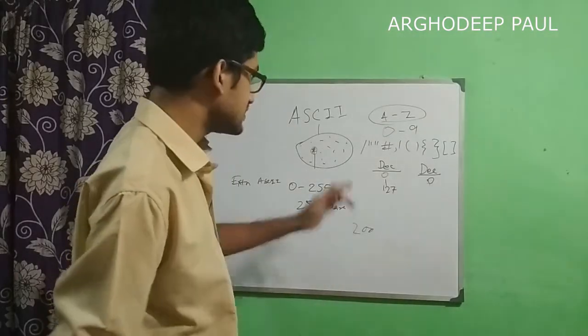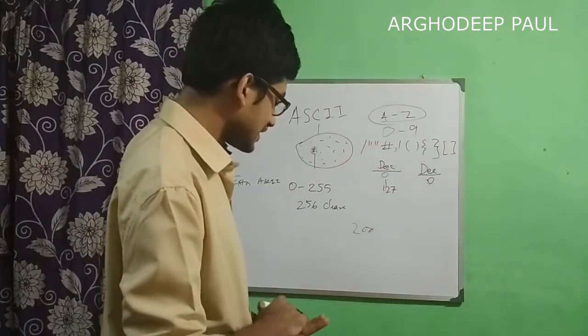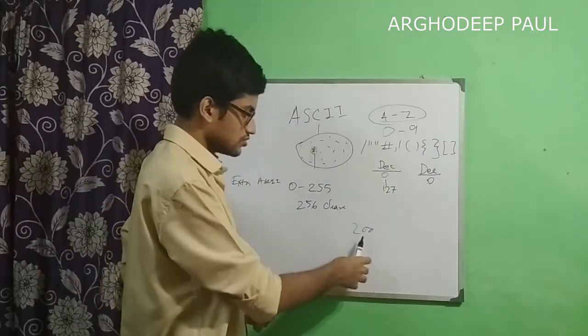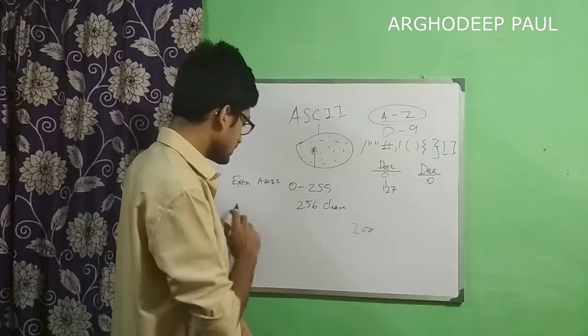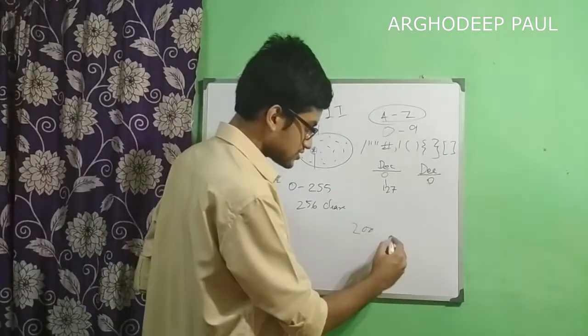200 is not present in the standard ASCII. So we can understand that if there is a 200 value, that means we have extended the standard ASCII, and now that value is, let's say, omega.